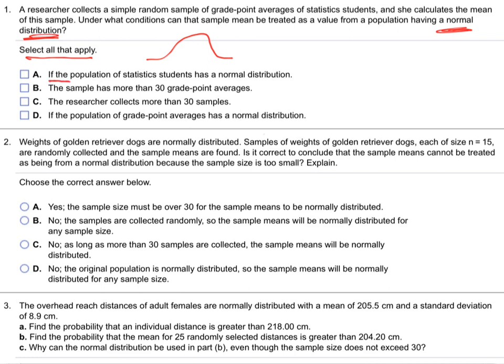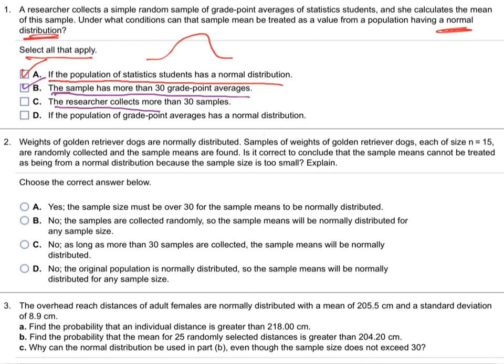If the original population has a normal distribution, for sure. Yeah, if the original population is normally distributed, great, we're good. We don't need anything else. Next, there's more than one answer here. The sample has more than 30. If the sample has more than 30, it doesn't matter what the original was, that'll make it bell-shaped.